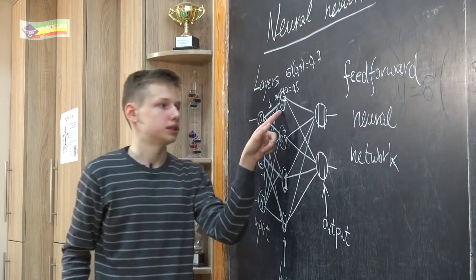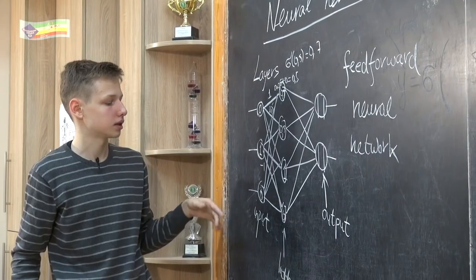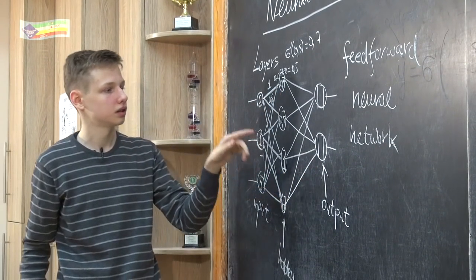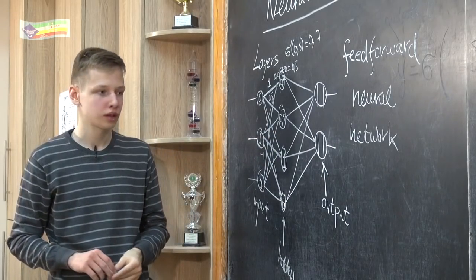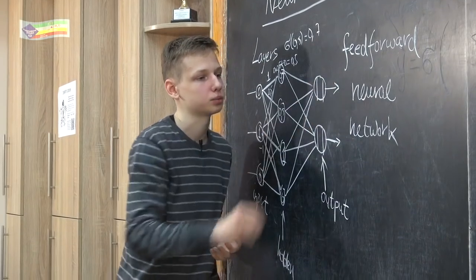And then we repeat this procedure with hidden neurons, as if they are treated as input neurons. And we do the same for output neurons and so on. And then the final values which we get, we receive as an output.